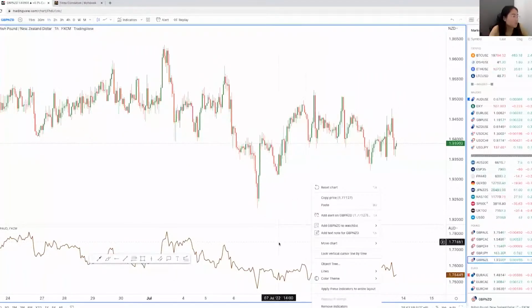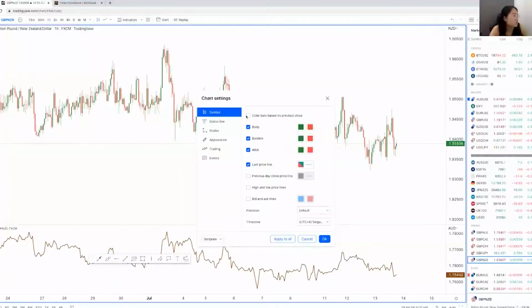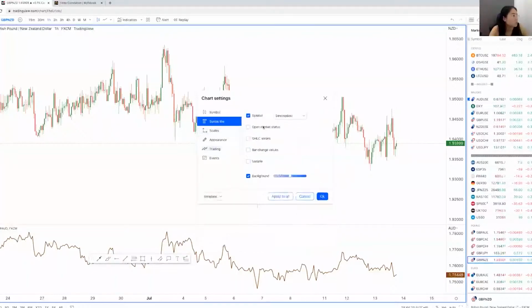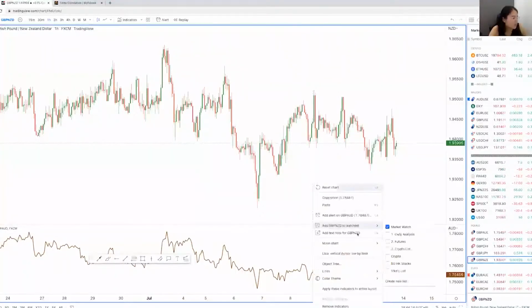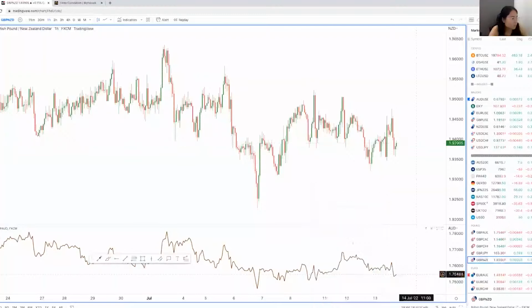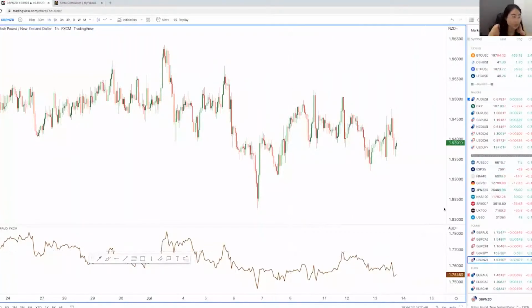Just go into settings and change that to a candlestick chart. These settings are tricky. It doesn't matter. You can see the price action going on here.